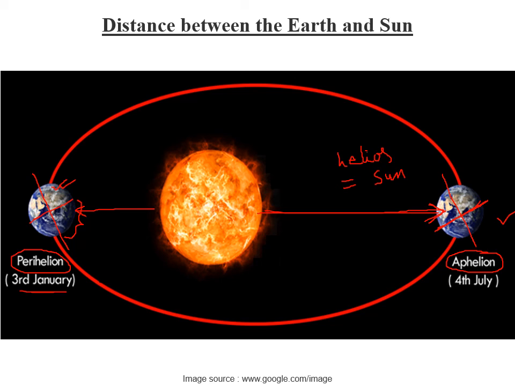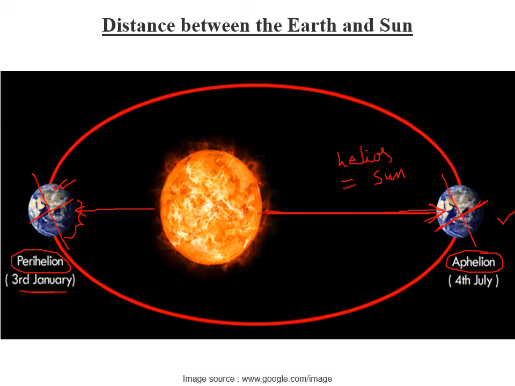So the summer temperature in the southern hemisphere during perihelion position is greater compared to the summer temperature of the northern hemisphere during aphelion position. Although the northern hemisphere directly faces the sun, the distance is relatively high, so less solar energy is received in the northern hemisphere.